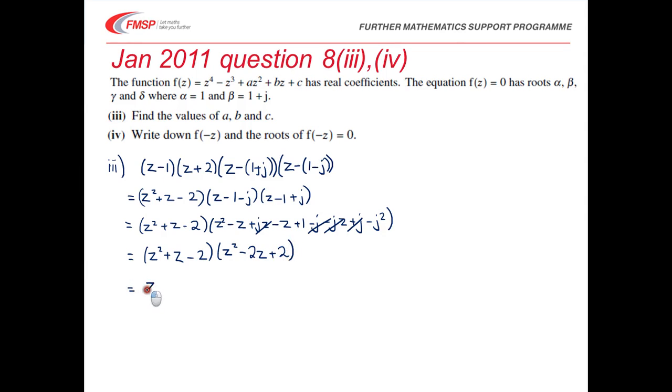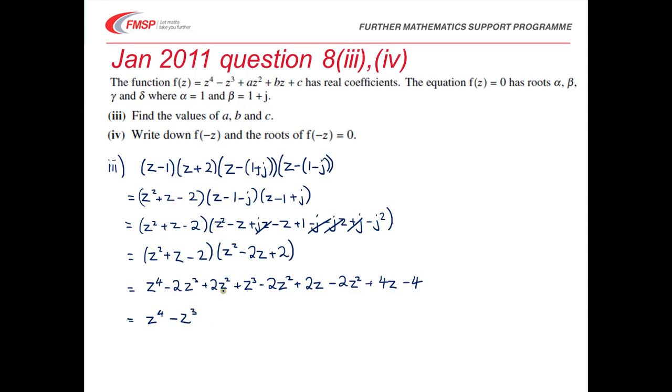Multiplying that out, I get z to the 4 minus 2z cubed plus 2z squared plus z cubed minus 2z squared plus 2z minus 2z squared plus 4z minus 4. And that's z to the power 4 minus 2z cubed plus z cubed is minus z cubed, which we know is correct.